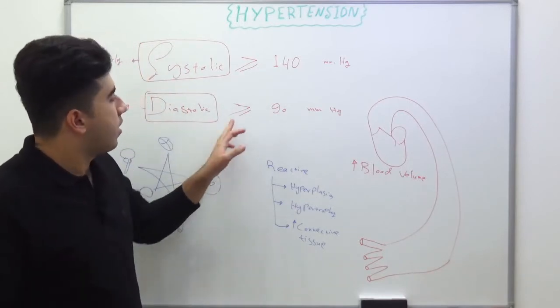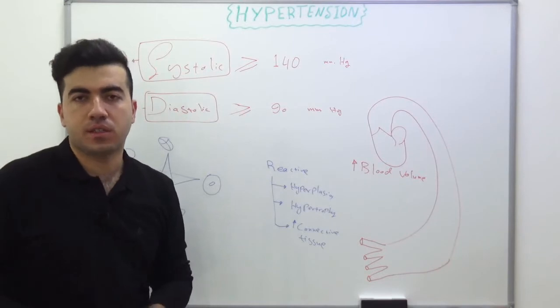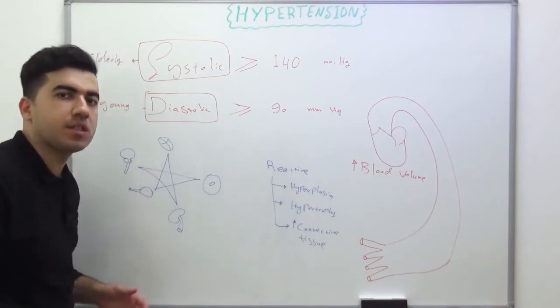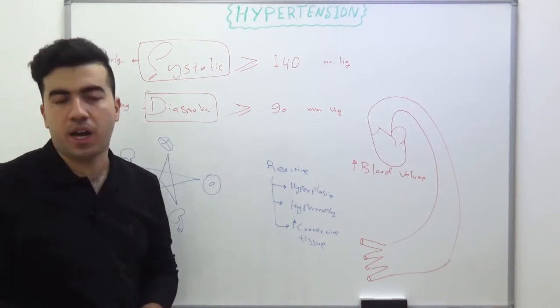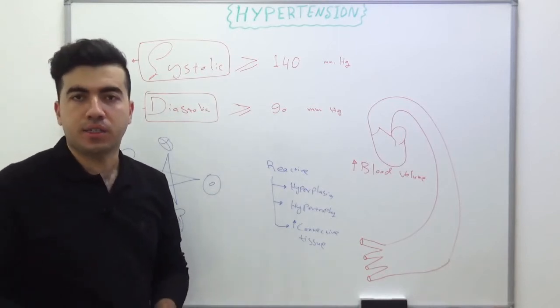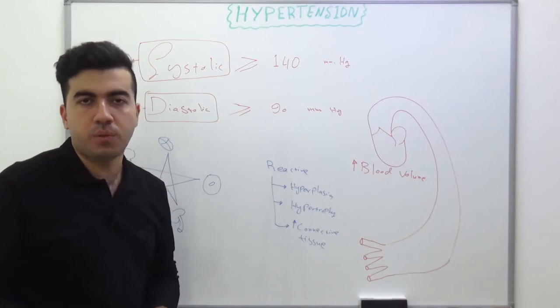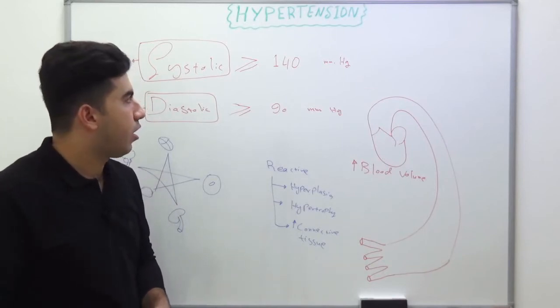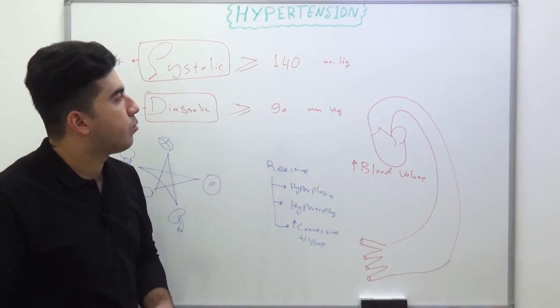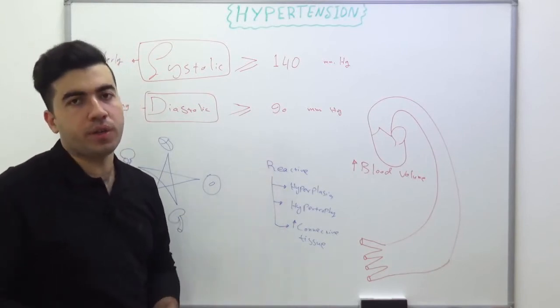Blood pressure higher than this value increases the risk of these complications significantly. That's why any patient with blood pressure higher than this value is regarded as hypertensive and should be managed appropriately. The blood pressure goal, generally speaking, is to be lower than 140 over 90.